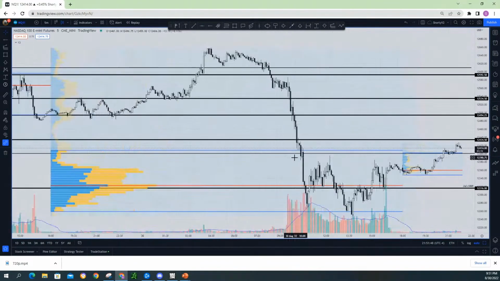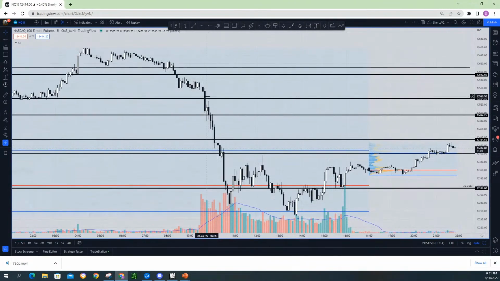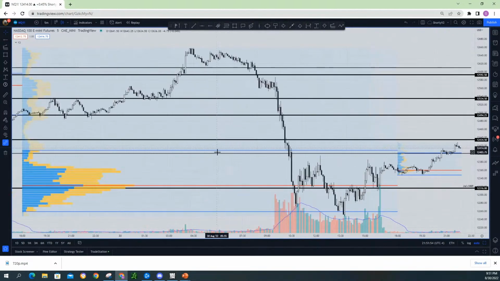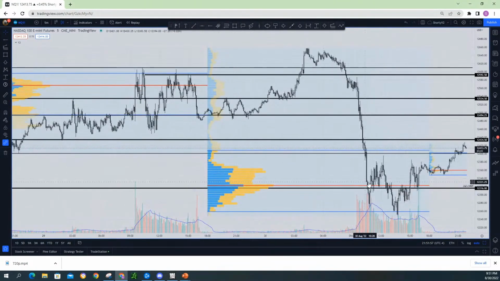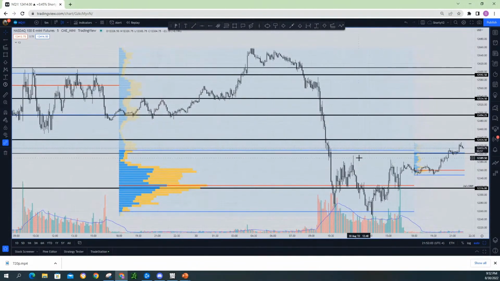And what you do here: they sent it down, started building a new value area, and the POC accumulated here. They had a couple of bounces, probably trying to get back to the value area, then rejections, making higher lows and lower highs.